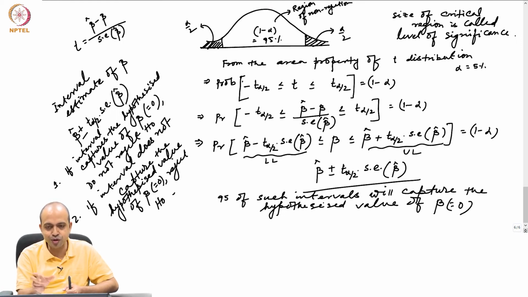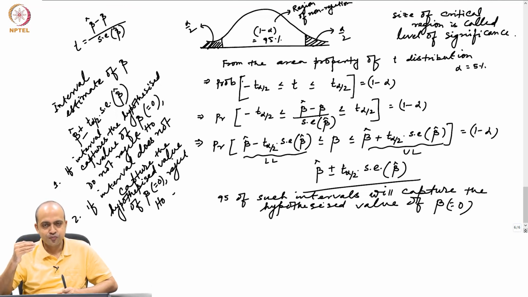Then we determine the area of non-rejection, 1 minus alpha, and see whether your calculated value of t is greater than the tabulated value of t at that pre-specified level of significance. The size of the critical region is also known as the level of significance, and as the probability of committing type 1 error.